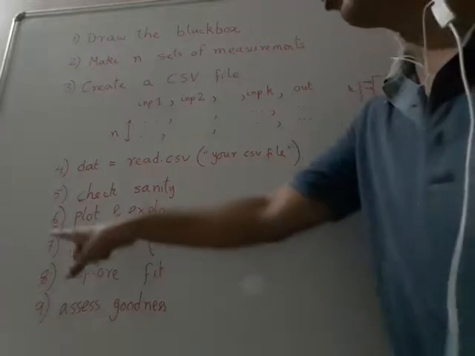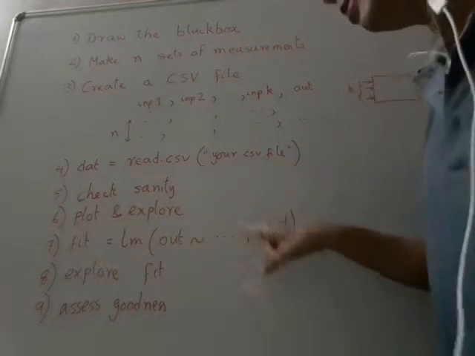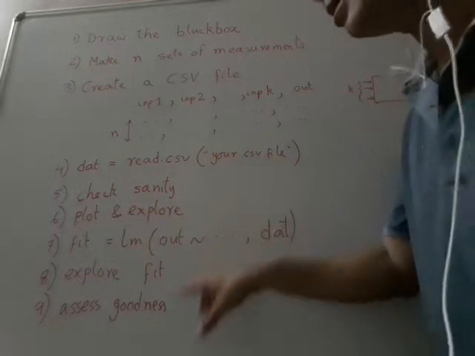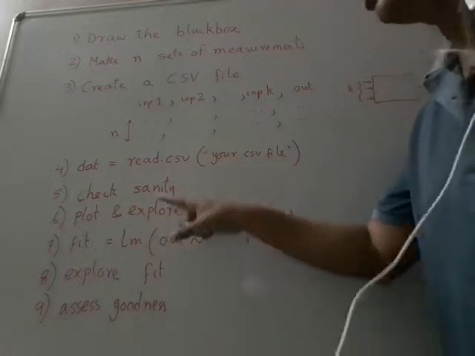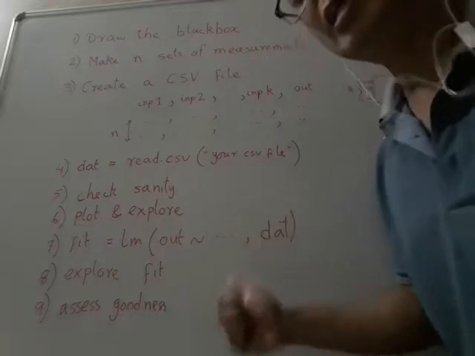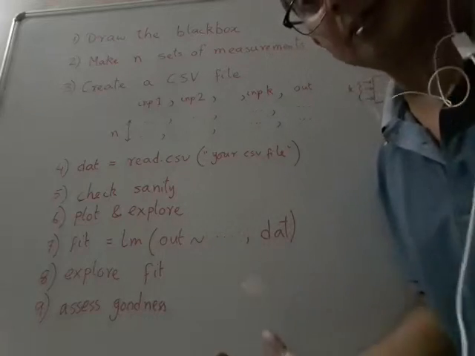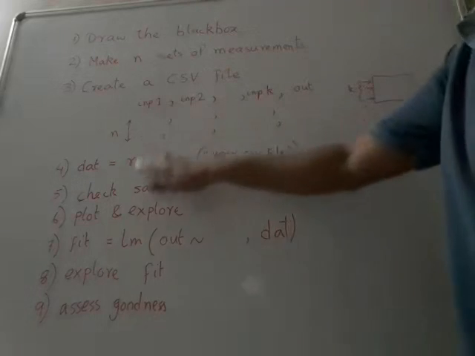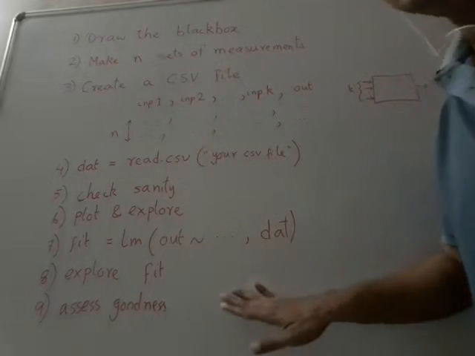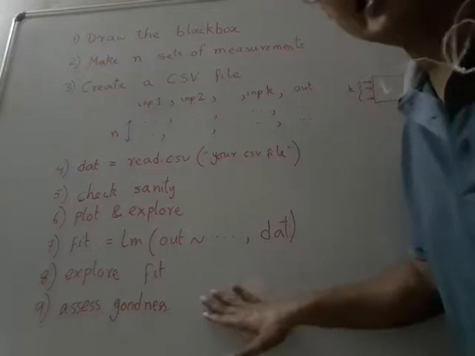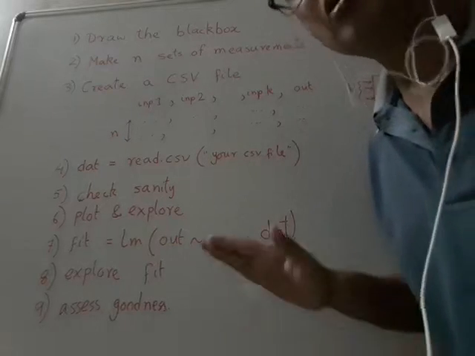In that case, you will go back to step 7, you will tweak this thing and again keep on doing 7, 8, 9 repeatedly until you are finally satisfied. So make sure you understand this workflow clearly, because we will be doing this again and again all throughout this course.